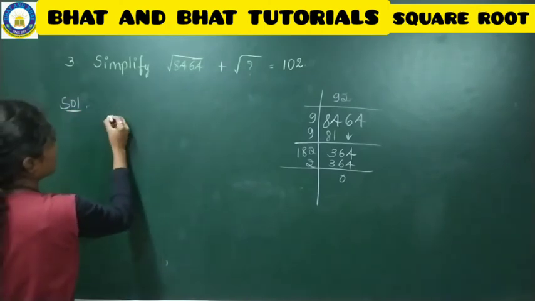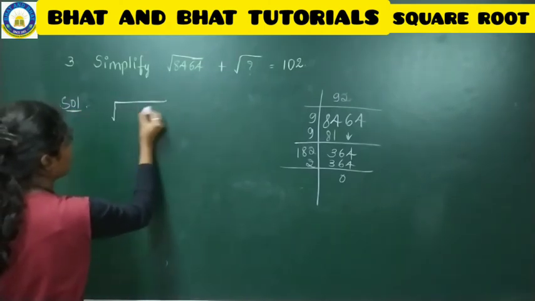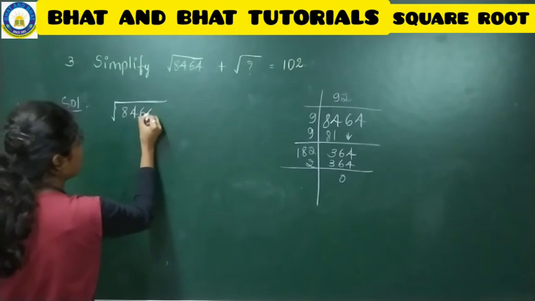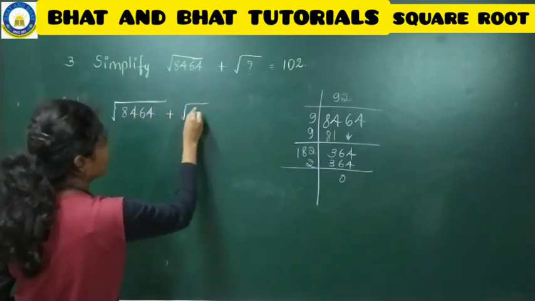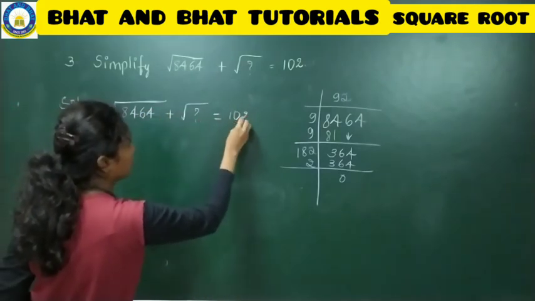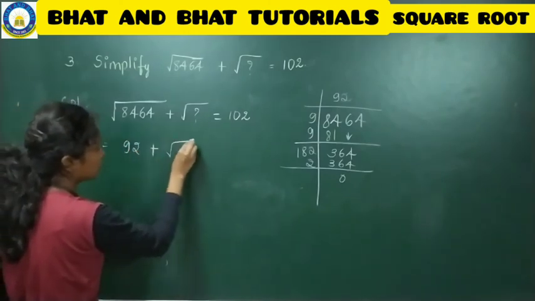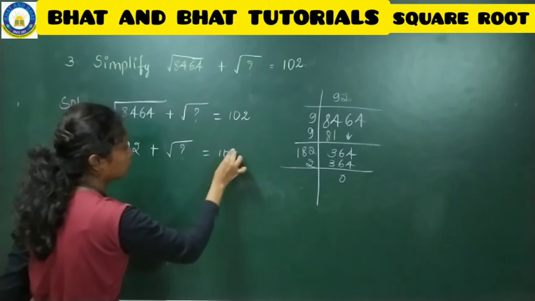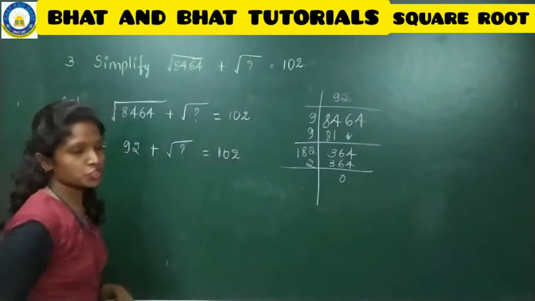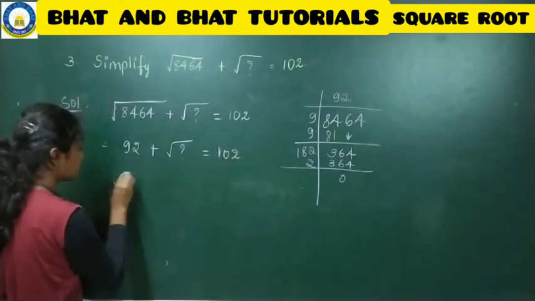I'll just rewrite the question once. The square root of 8464 plus the square root of question mark is equal to 102, and for this it is 92 plus the square root of question mark is equal to 102. Take the 92 to the right hand side.